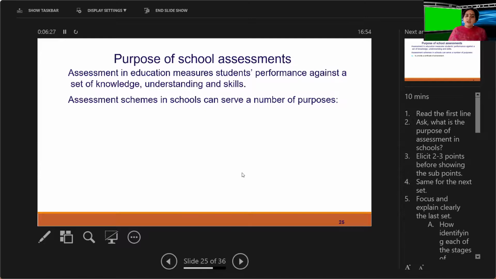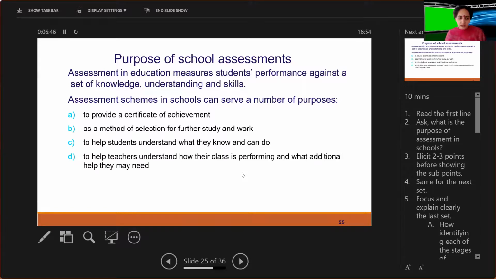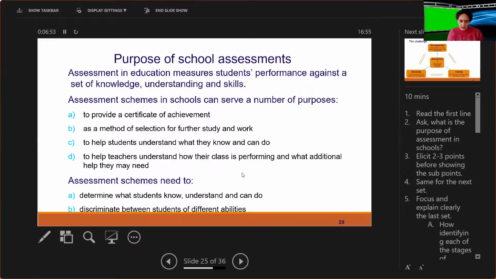Purpose of assessment in education: it measures student performance against a set of knowledge, understanding, and skills. Assessment schemes in schools can serve a number of purposes: to provide certificates of achievement, as a method of selection for further study and work, to help students understand what they know and what they can do, to help teachers understand how their class is performing and what additional help they may need.